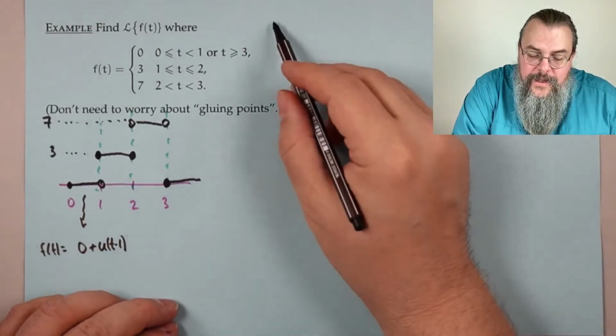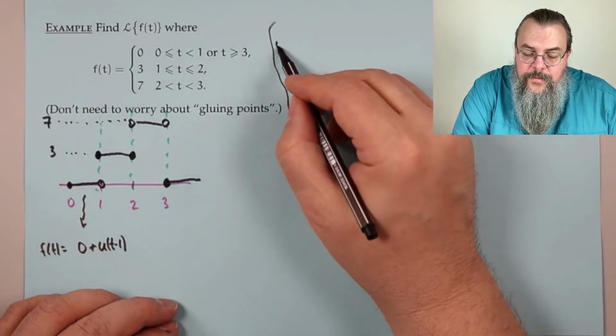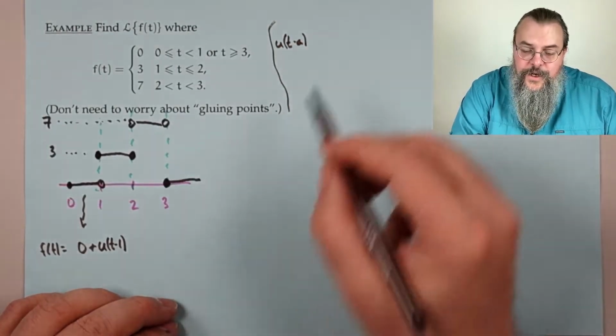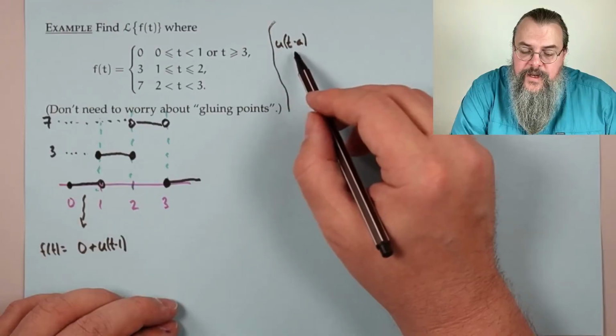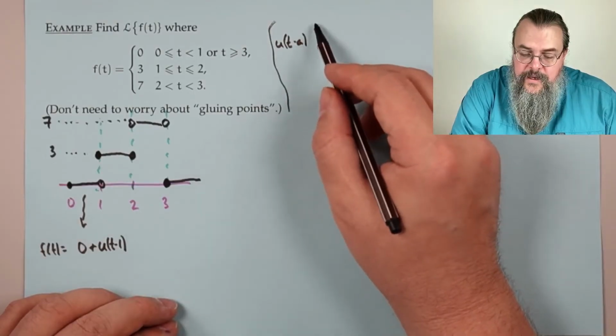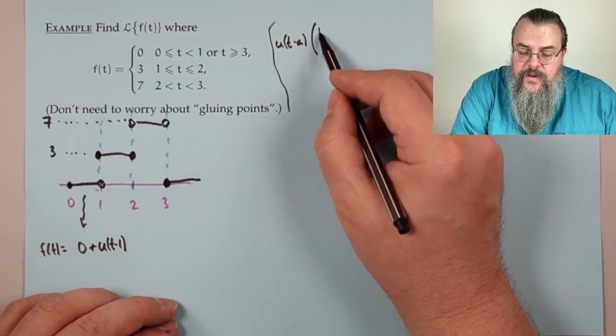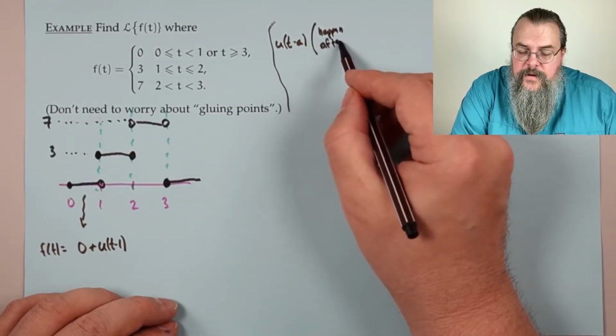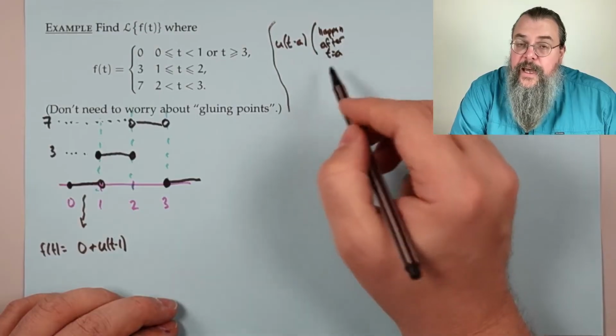So the way I like to think of this, and again, we'll do this in more detail in a future lecture, but I'm going to take u of t minus a. So this is at time a. I'm going to say what happens after t equals a. That gets turned on.